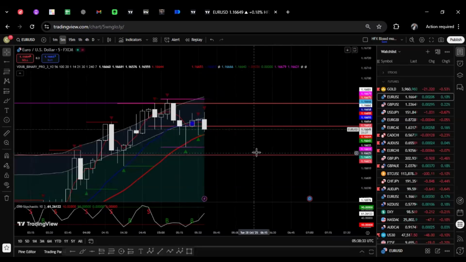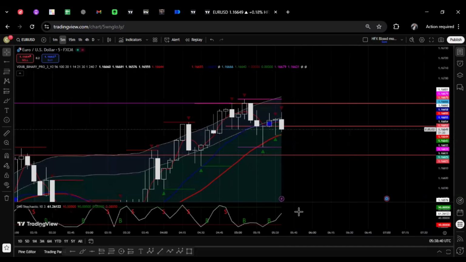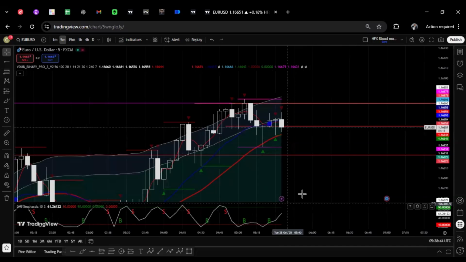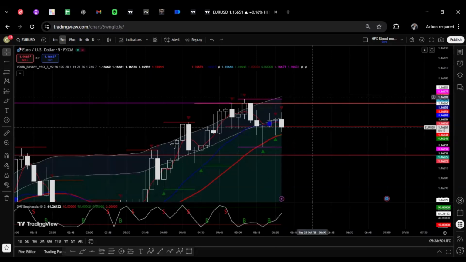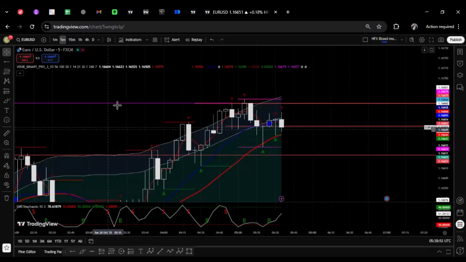Now, while at all of these here, there are so many confluences that you can work with here. Now, we've talked about DMI stochastic, right? Now, breaking down the VDOB, right?